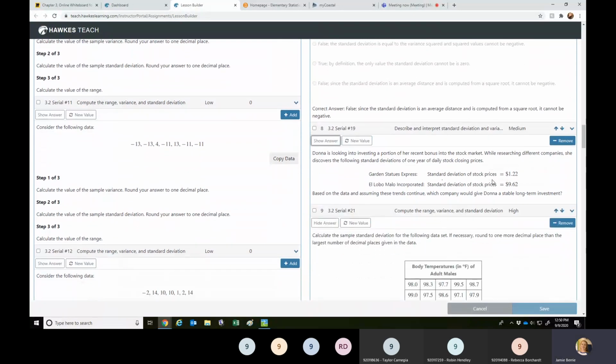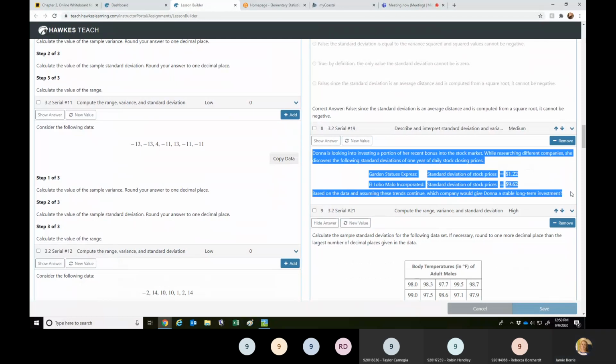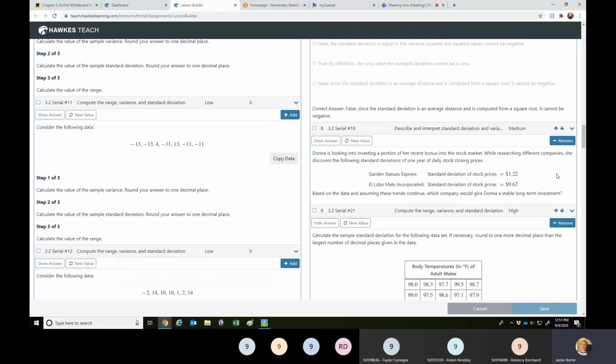I wanted to show you this question right here. Donna is looking into investing a portion of her recent bonus into the stock market. While researching different companies, she discovers the following standard deviations of 1 year of daily stock closing prices. So this is 2 stocks, and this is the standard deviation of their prices.